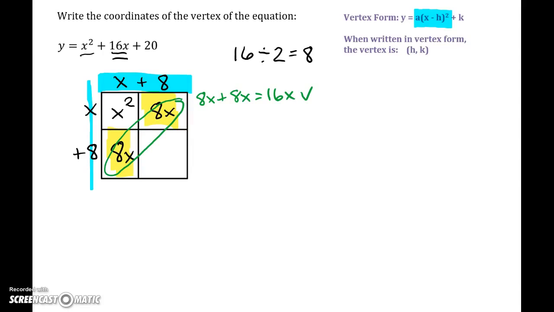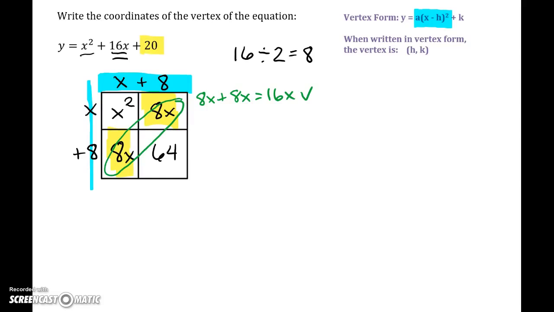Now we have to fill in the area of the bottom right-hand square. To get it, we're going to multiply our 8 by 8. 8 times 8 is 64. Now, 64 is not what we were supposed to get in our equation. We were supposed to get 20.